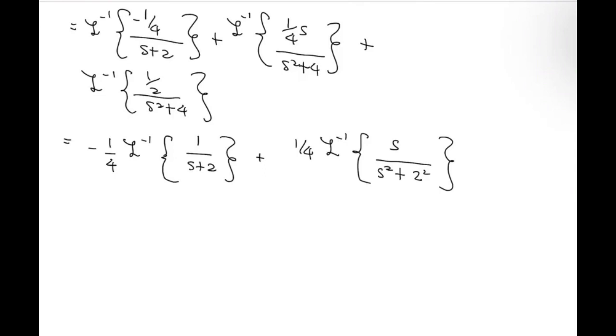And the last one, we will have 1 over 2 outside. So we have inverse Laplace of 1 over s squared plus 4, with 4 as 2 squared. Because in the table we have k over s squared plus k squared, so here must be 2. Because I put 2 here, that means here must be divided by 2.